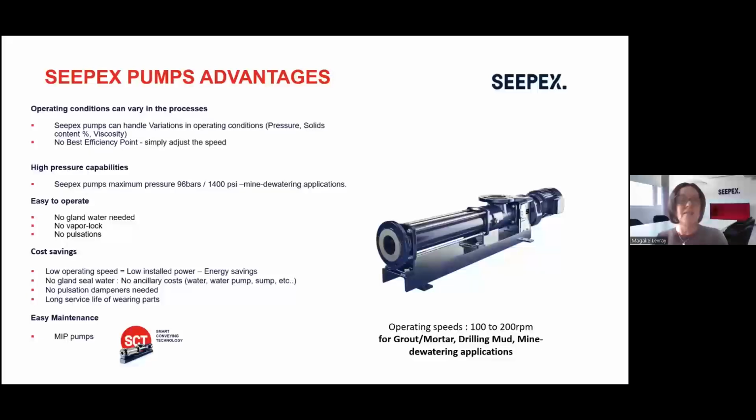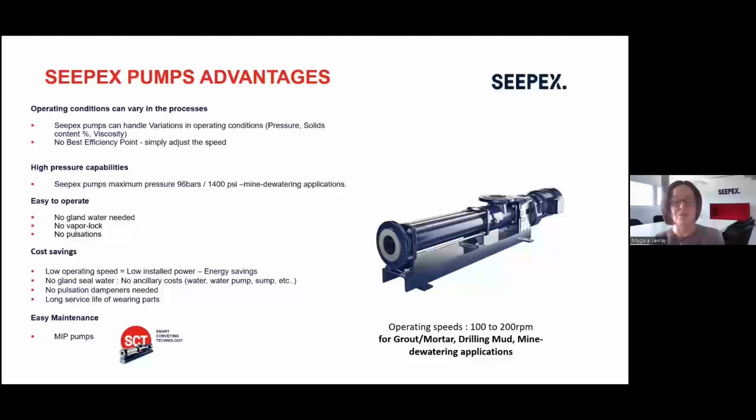So coming back to SEEPEX pump advantages, we can really operate even with variation in the process. And as I said, we know there will be variation in viscosity, in pressure, in the percentage of solids present in the fluid.